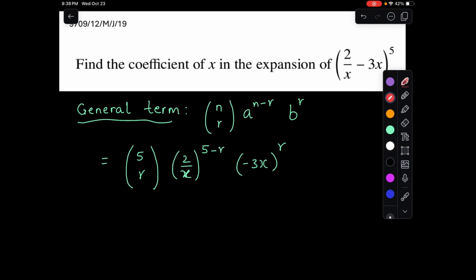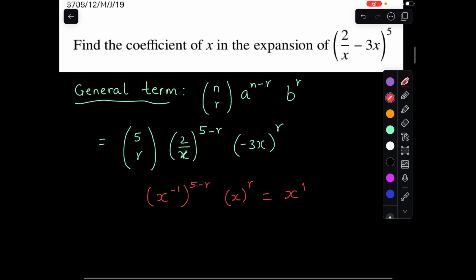So the power of x would be negative 1. The whole thing is to the power of 5 minus r times x to the power of r, and we are looking for the coefficient of x. So I can write this as x to the power of 1.